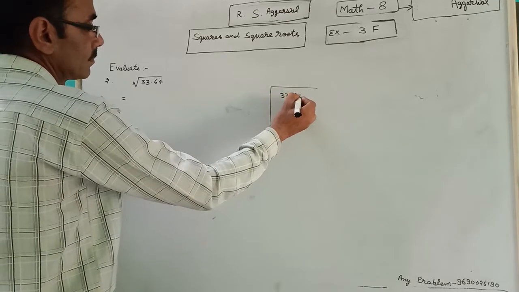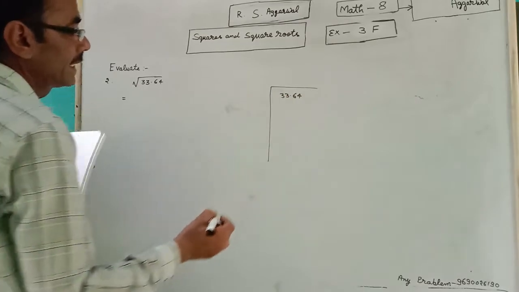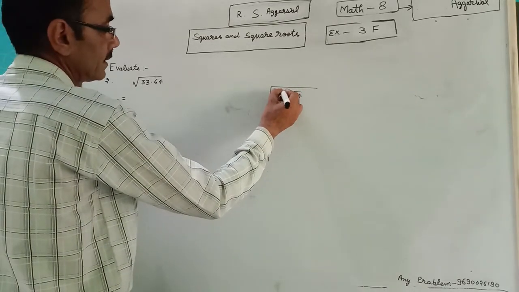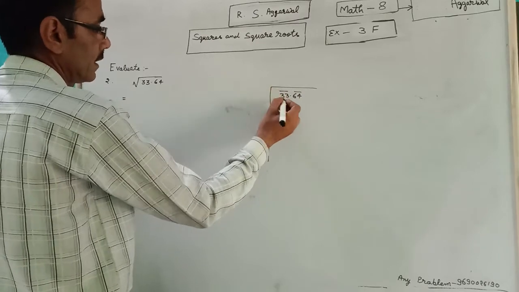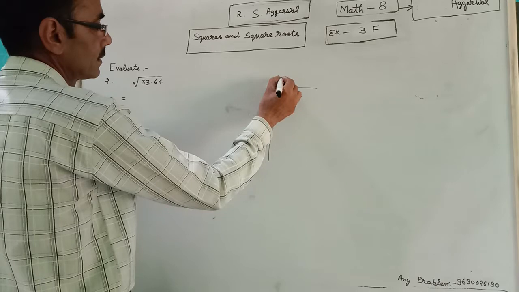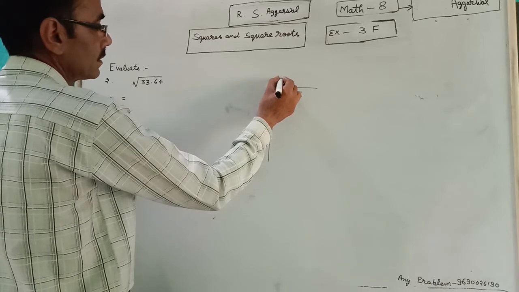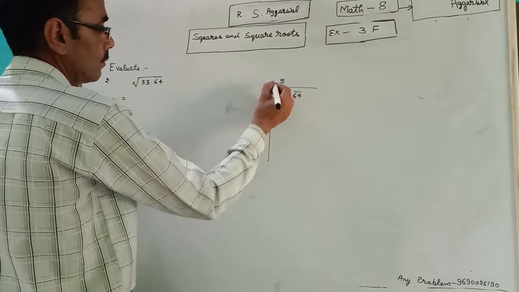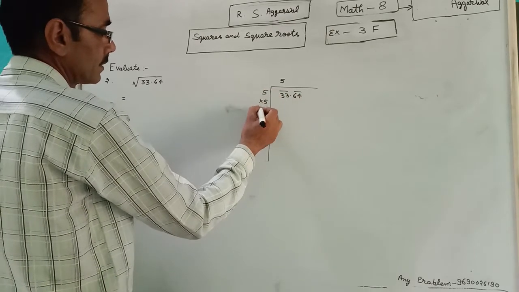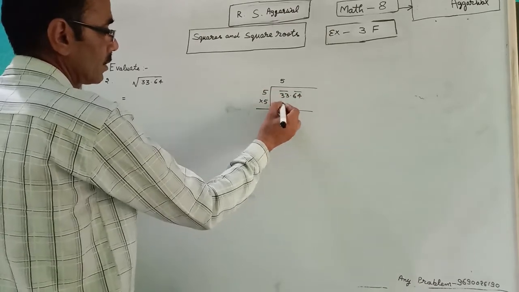Make the pair. Pair will be 64 and 33. Read the number 5 into 5. 5 5 ja 25.